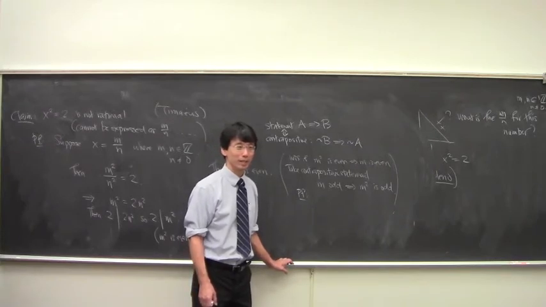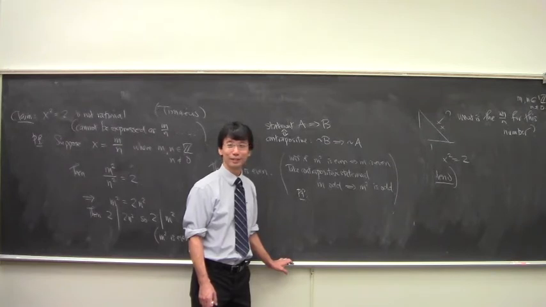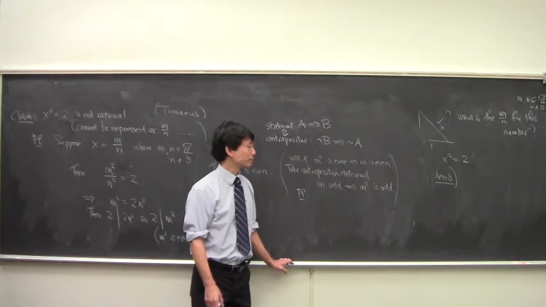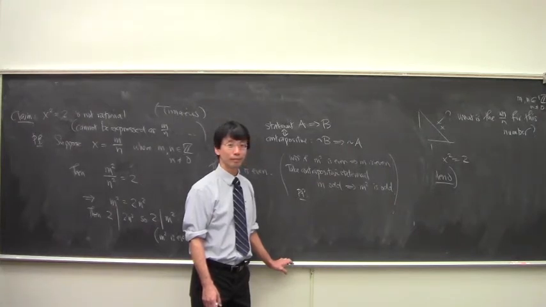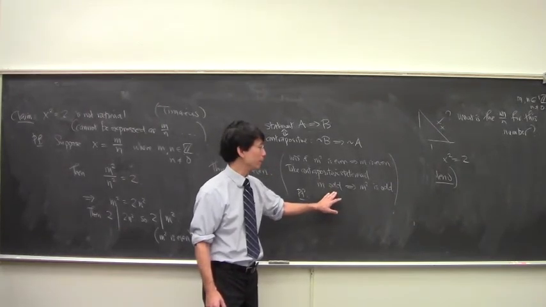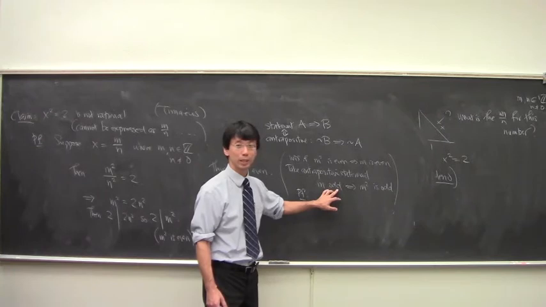Okay, turn to somebody nearby and say, it's true because blah, blah, blah. Who would like to explain why if m is odd, then m squared has to be odd?